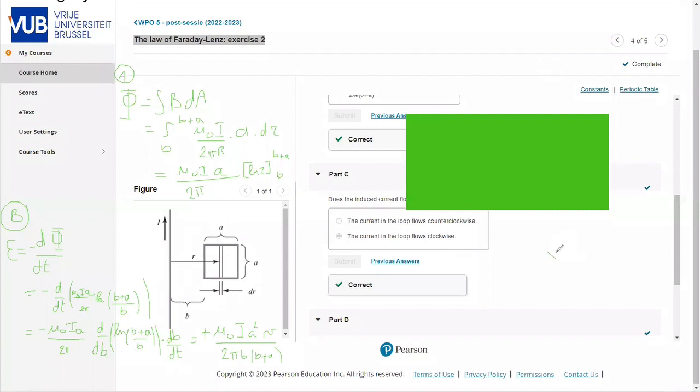It means that my B is going to move like this one. But yeah, doesn't matter.